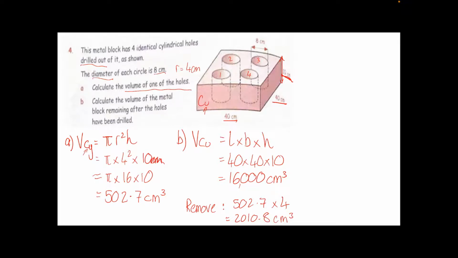So what we need to do is do our 16,000, take away 2010.8, and that gives us 13,989.2 centimetres cubed for our volume.